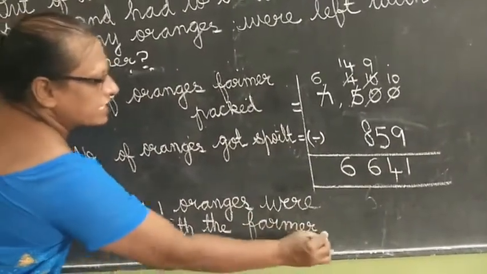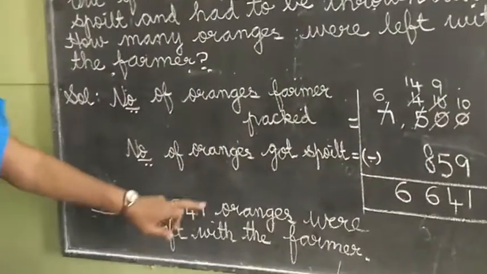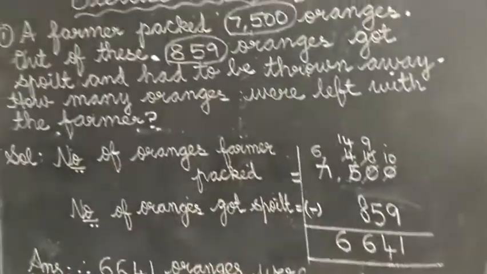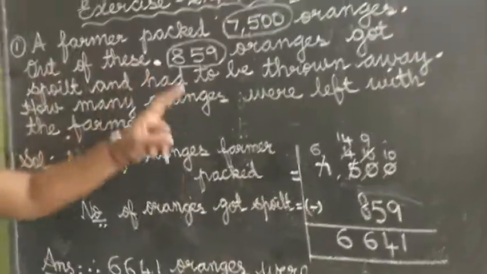So how many good oranges were there, children? 6,641 oranges were left with the farmer. Understood, children? Okay, are you thorough in the first sum? Okay, we'll move on to the second sum.